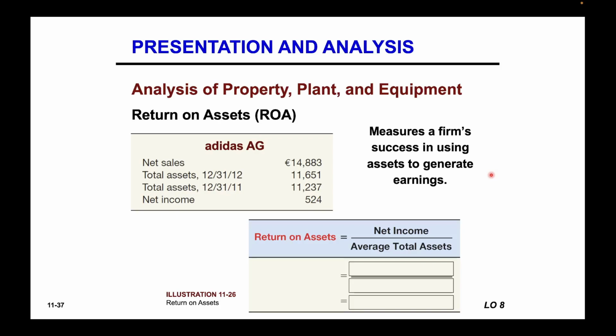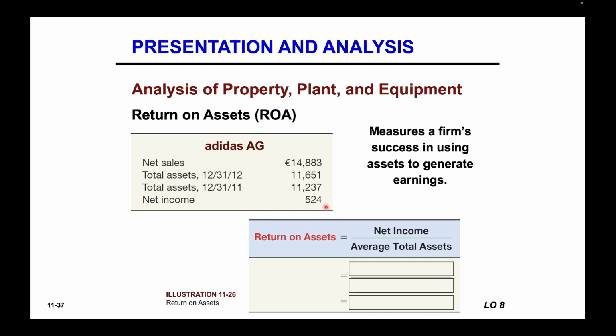ROA, or return on assets, is useful for assessing a company's efficiency and profitability in relation to its total assets. For this example, we still use the same example of Adidas AG. The net income is 540 and 24.